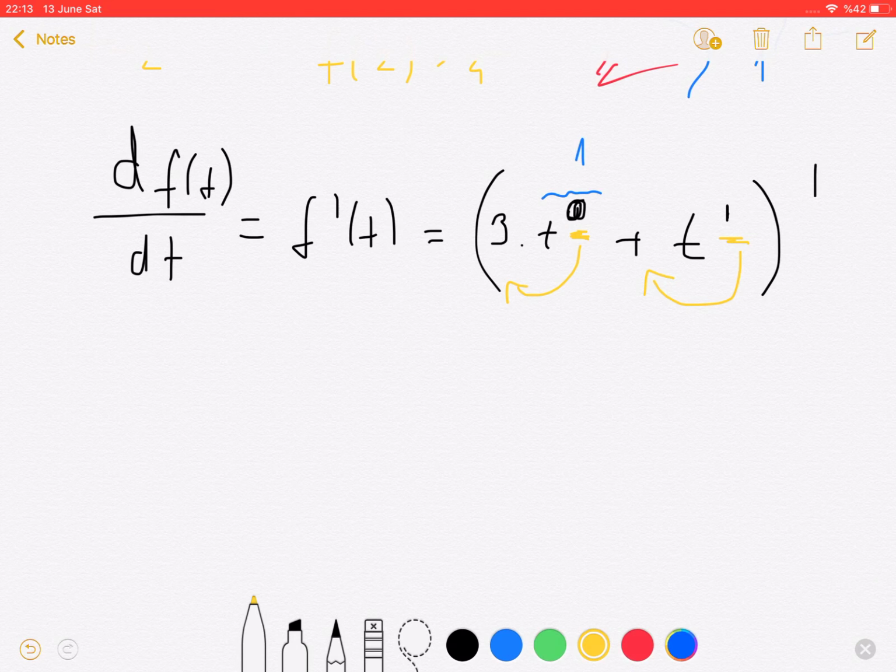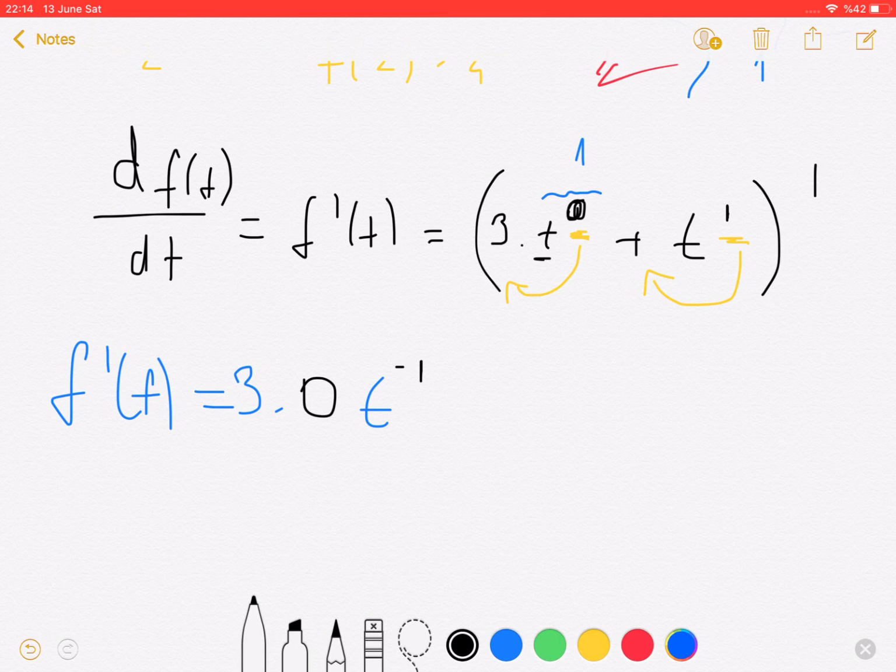So what does that mean? My f prime of t is 3 times 0 times t to the power of minus 1, let's presume, as we subtract 1 from the exponent, plus 1 times t to the power 0.